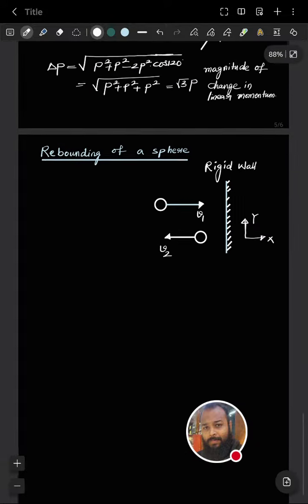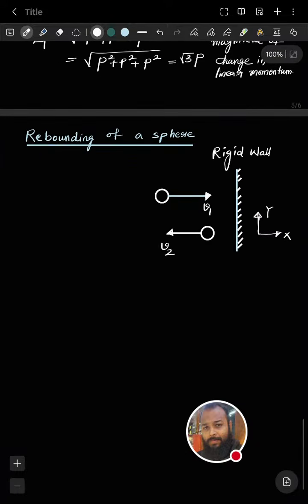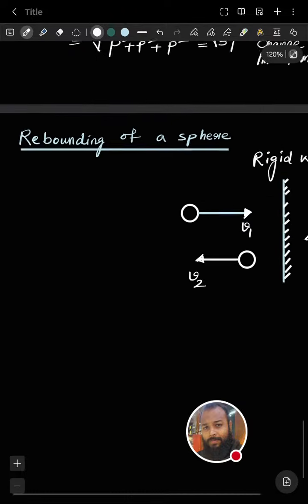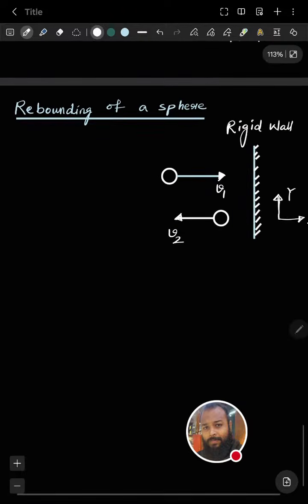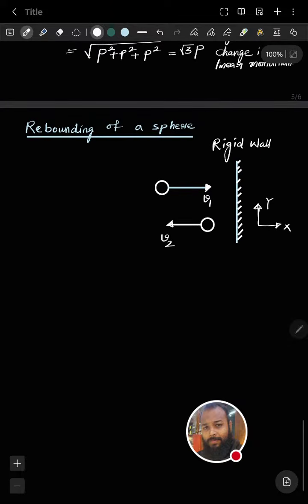Here we are supposed to find the change in momentum. So how to find it? It is a vector, you have to find the change in momentum. Okay, we'll do some cases of this one.